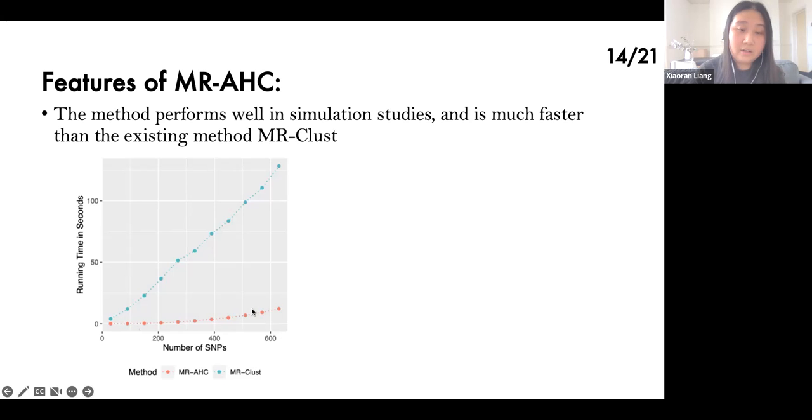This red curve is the running time of our method, and this blue curve shows the running time of MR-Clust. Firstly, we can see that the running time for both methods increases as the number of SNPs increases in the cluster analysis. But MR-Clust spends much more running time than our method.